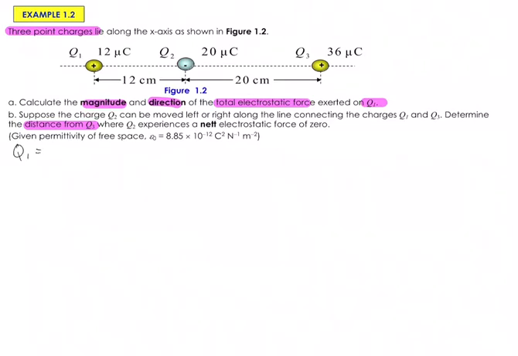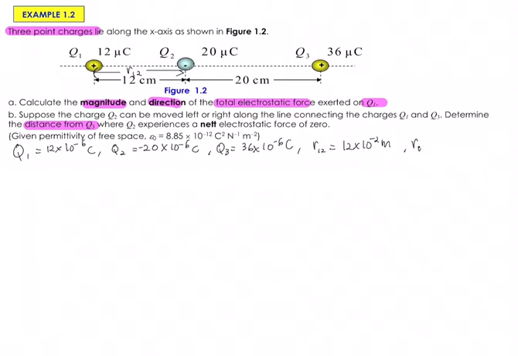Q1 is 12 times 10 power of negative 6 coulomb. Q2 is negative 20 times 10 power of negative 6 coulomb. Q3 is 36 times 10 power of negative 6 coulomb. R12 is the distance between Q1 and Q2, which is 12 times 10 power of negative 2 meters.